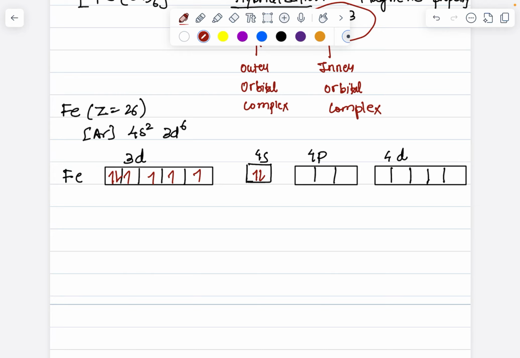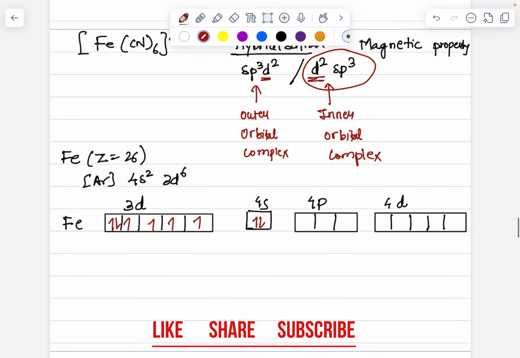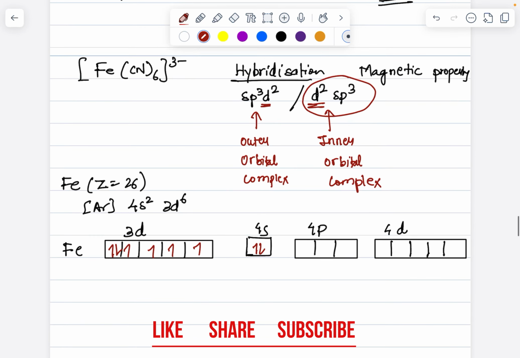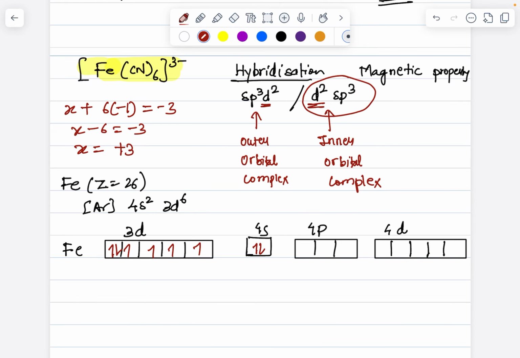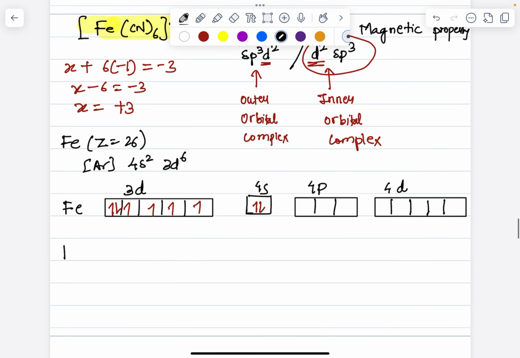So what is the oxidation state of Fe in [Fe(CN)6]3-? I'll put it equal to X. X plus 6 into minus 1 is equal to minus 3. X minus 6 is equal to minus 3. X is equal to plus 3. Means Fe is in a plus 3 oxidation state over here. So you are going to remove some electrons.